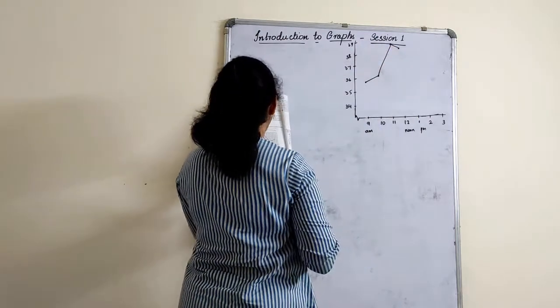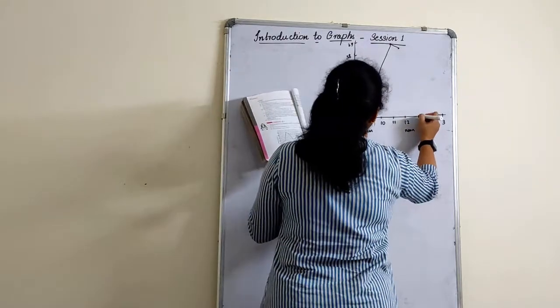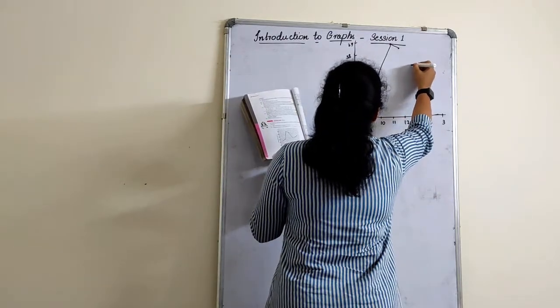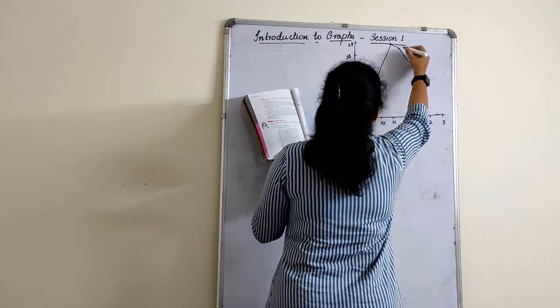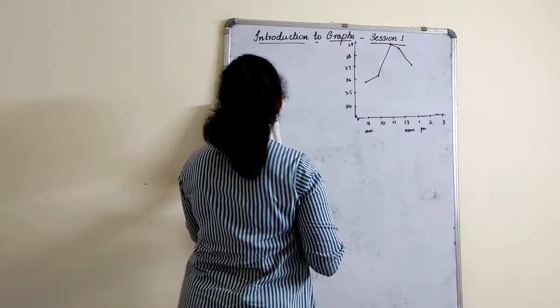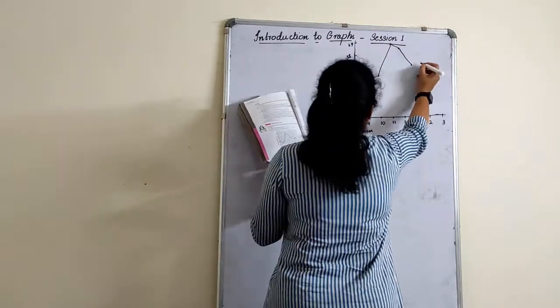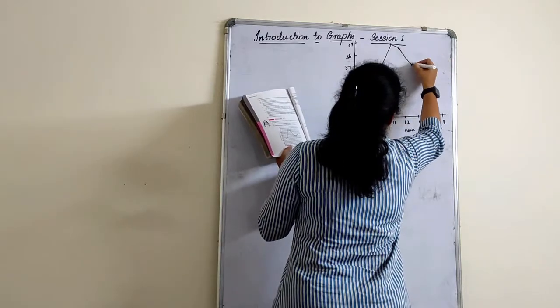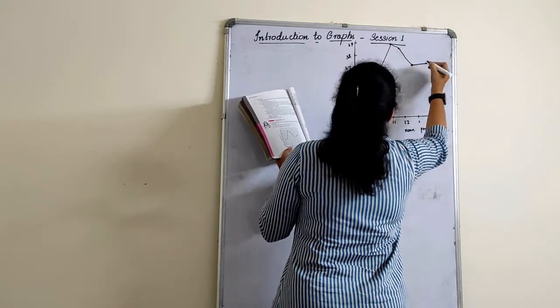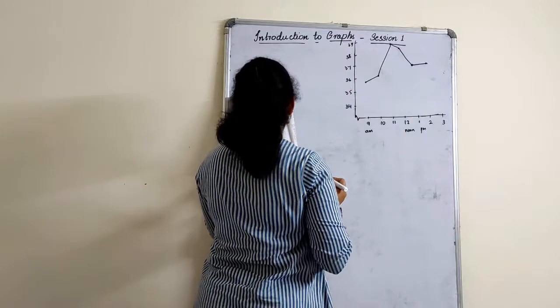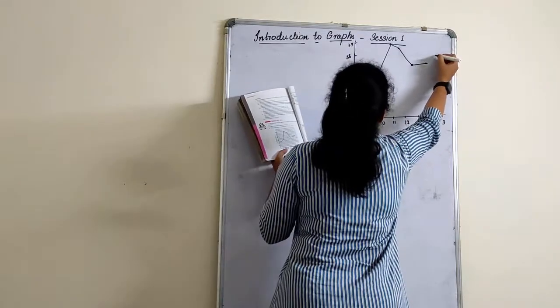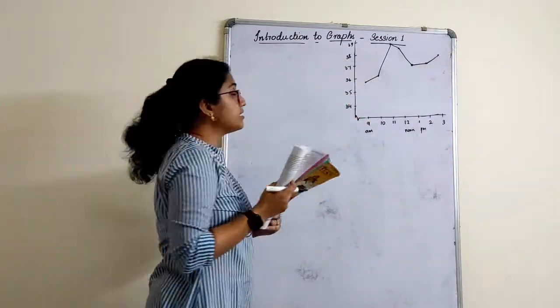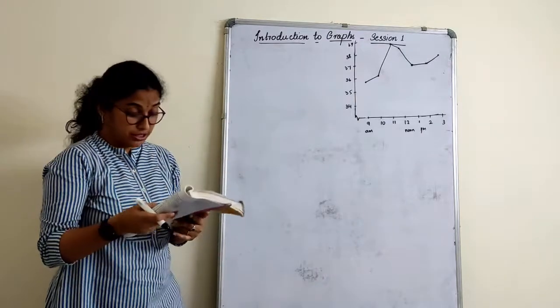Then we have 1 at 36 and 37, 36 and 37 here. Then we have 2 at the same point again. This is 1, right? Okay, 2 at the same point. Then 3 we have at 37. Okay, so easy for me to tell and even for you to refer here.